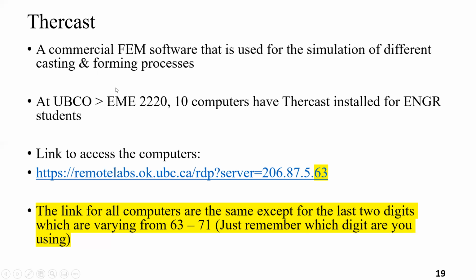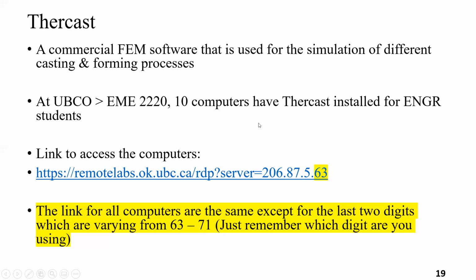So to have access to Thirdcast, you can check this link. This link has 2 digits. These 2 digits show the computer number. There are about 10 computers available for you to do the simulation, and their numbers start from 63 to 71 or 72.